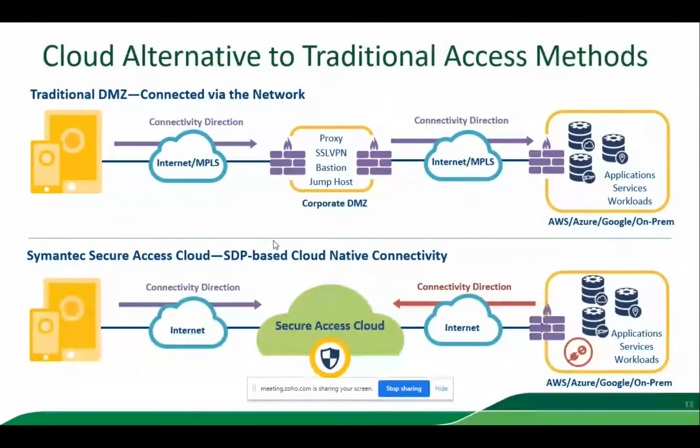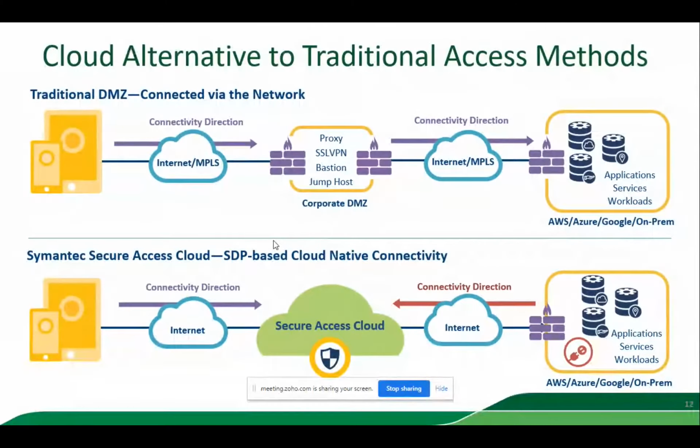So once you're in the bastion host, you're allowed to access everything, either with direct connectivity to your applications, servers, etc., and you can also move out of the network towards your applications which are hosted in the cloud.